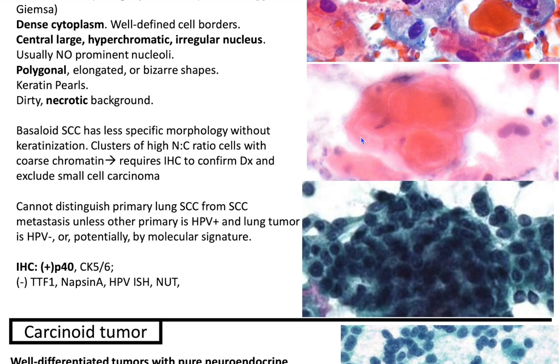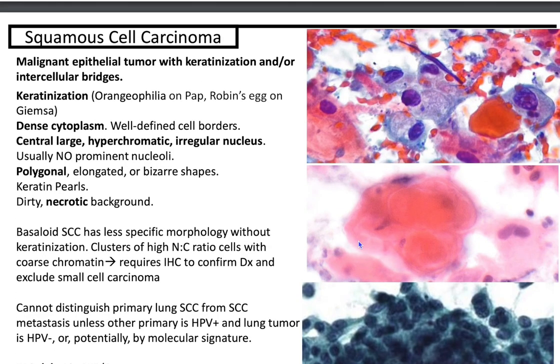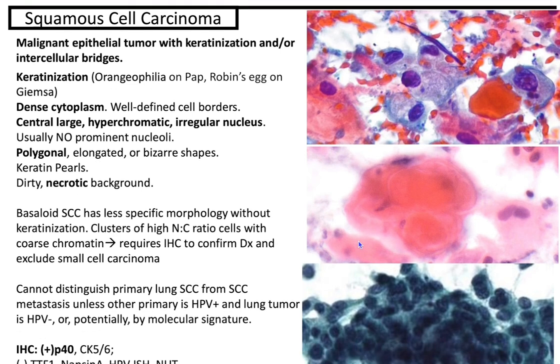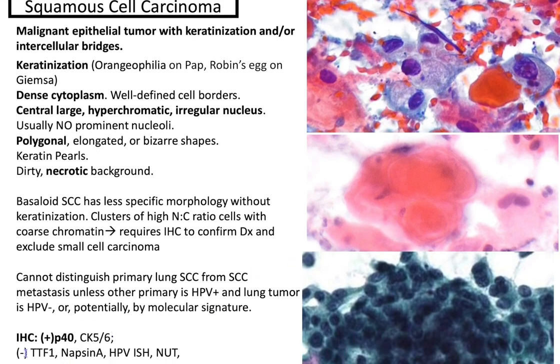It is important to know you cannot distinguish primary lung squamous cell carcinoma from a metastatic squamous cell carcinoma from elsewhere unless the other primary is HPV positive and the lung squamous cell carcinoma is HPV negative, or potentially by molecular signature. So where we said for your adenocarcinoma, your TTF1 and napsin will be positive, for squamous cell carcinoma, your P40, CK5/6 will be positive.